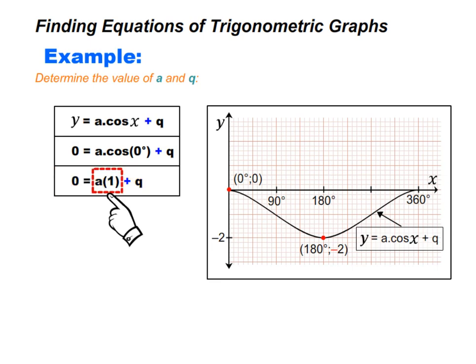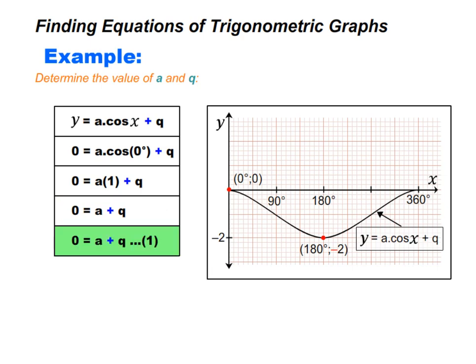Look at this part. A multiplied by 1 is equal to a. So far we have 0 is equal to a plus q. Look at this equation. Let us call this equation equation 1. We write it like this.